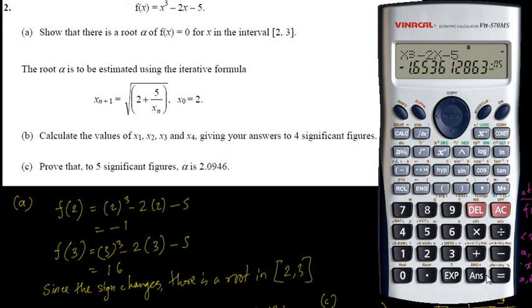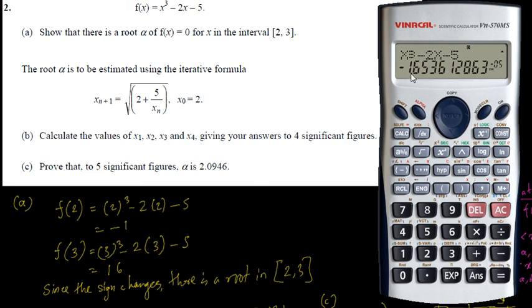So 2.09455. This is a negative value. If you notice here, this is times 10 to the power minus 5. So it's actually minus 1.6. It doesn't have to be accurate because this value means nothing. We are just interested whether it is negative or positive. So don't bother about this too much, but this is important. Times 10 to the power minus 5. This is a power of 10 in standard form.